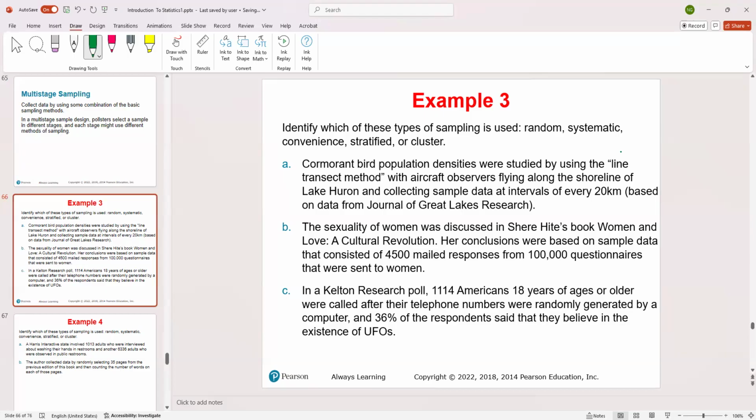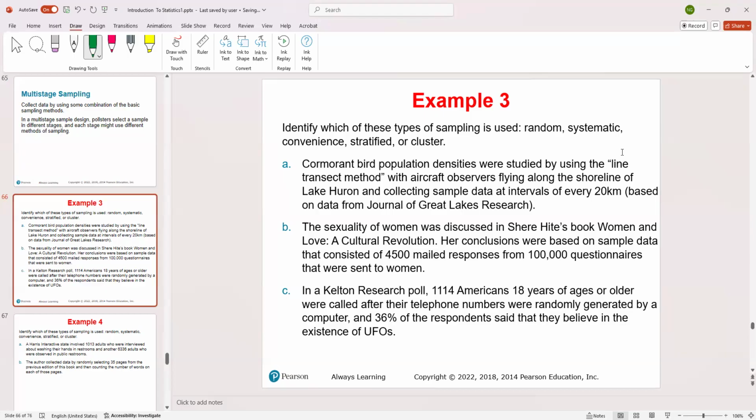So if you review all the different definitions I recently covered, whether we do systematic or random or convenience, stratify or cluster, which one would you use?